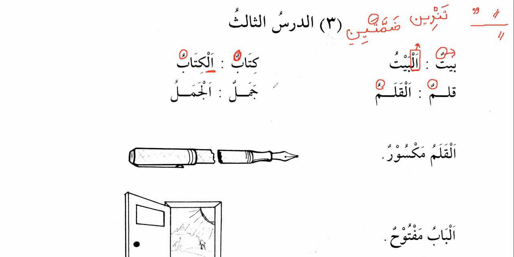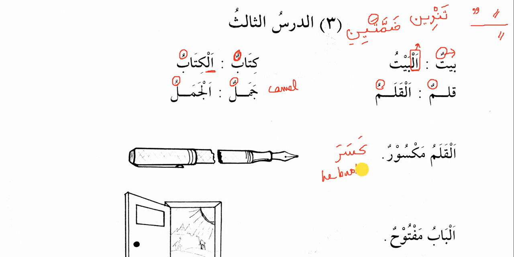Jamalun means camel. Now it has a tanween here. And al-jamalu, you can see the haraka remains singular with a ma'rifah noun. Al-qalamu maksurun. Maksur comes from the verb kasara, meaning broken. Kasara usually means he broke.